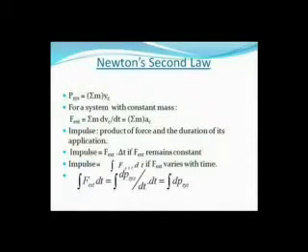So continuing the discussion further, we know that the momentum of a system is defined as sigma m into Vc, where sigma m is the total mass of the system and Vc is the velocity of the center of mass of the system.